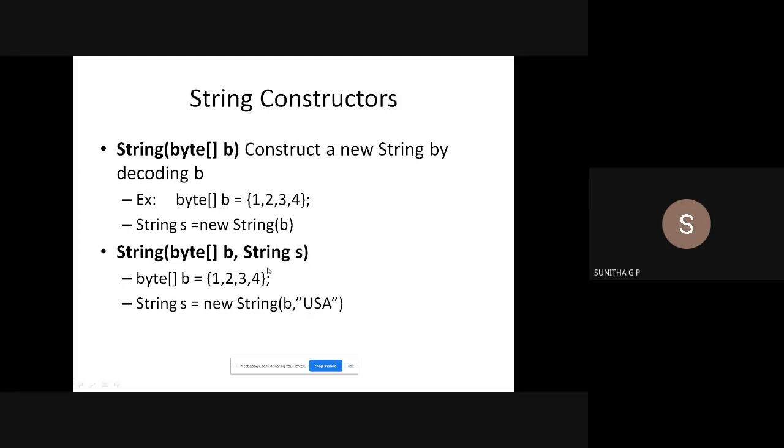Next, I am sending a byte array and another string variable. These are ASCII values, and the charset is US ASCII. If I say 64, 65, 66, 67, it is ABCD. Whatever I specify here is the ASCII value, US ASCII, and nowadays they use something else here, Unicode. What is Unicode? ASCII uses only 8 bits, so 2 to the power of 8, that is 255 characters, including English alphabets, numerals, and special characters.